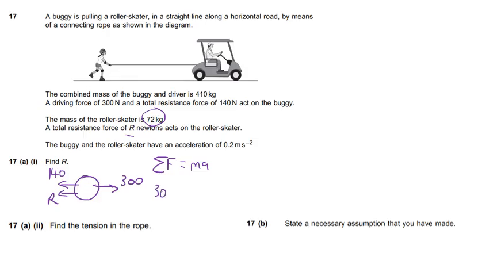So we've got 300 to the right minus 140 minus R is equal to the total mass. So that's 410 plus 72 multiplied by the acceleration, 0.2. So we get that R is equal to 300 minus 140 minus 482 times 0.2. And if you calculate all that, you get 63.6 newtons.